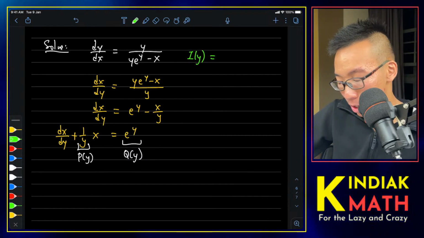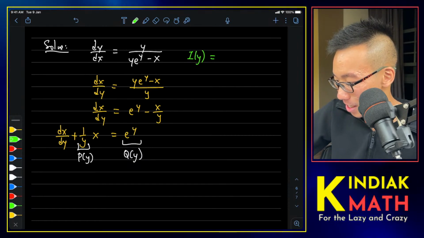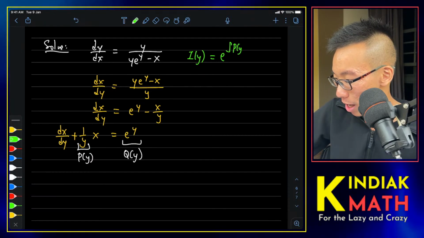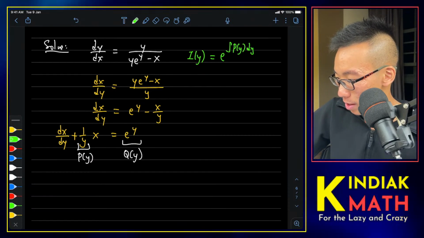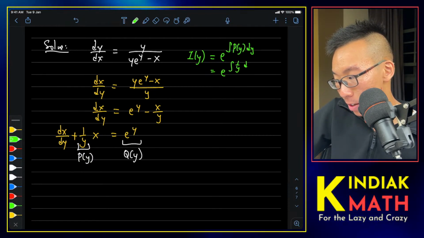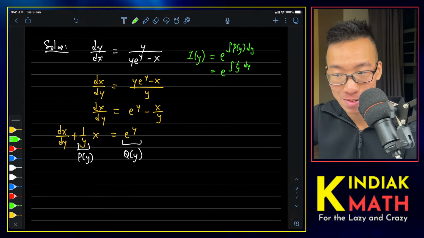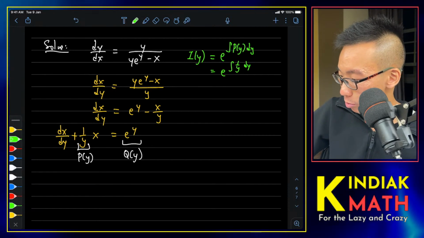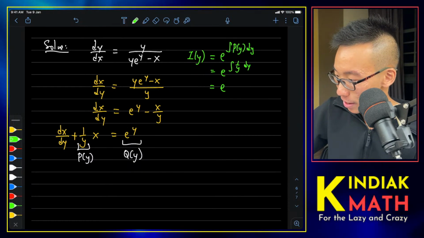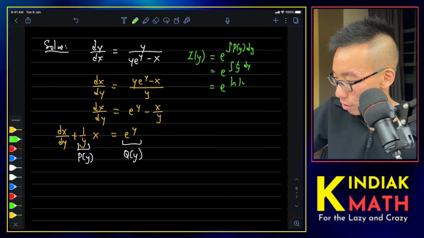Okay, so to calculate the integrating factor, this is the exponential of the integral of p of y dy. This simplifies to the exponential of the integral of 1 over y. Well, the integral of 1 over y is the logarithm of y.